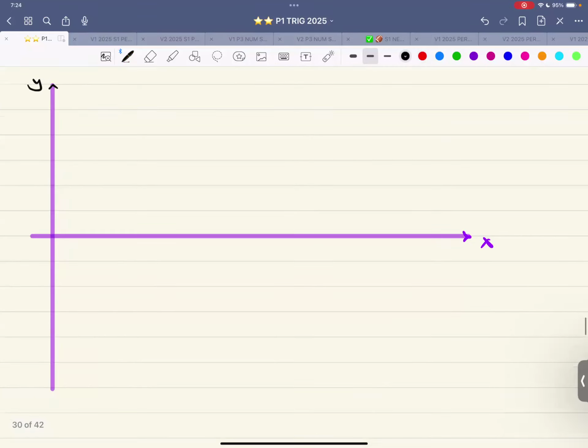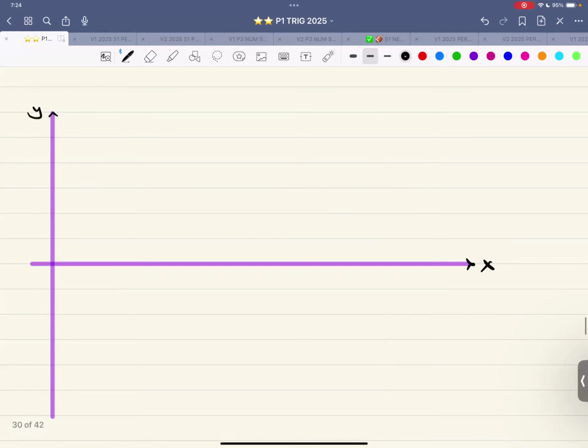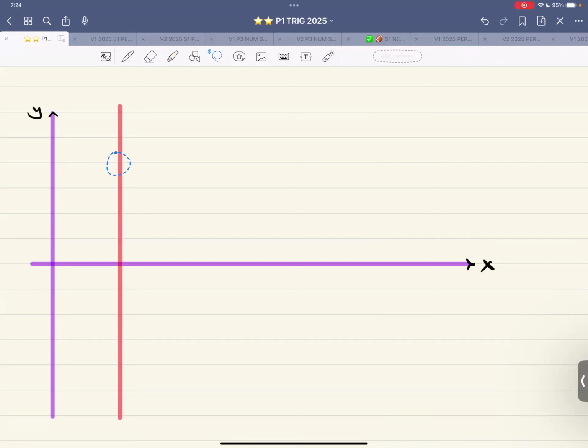That is the x-axis. Now, first of all, let me draw two dotted lines. First of all, I'll be drawing it like this. And let me just copy this.